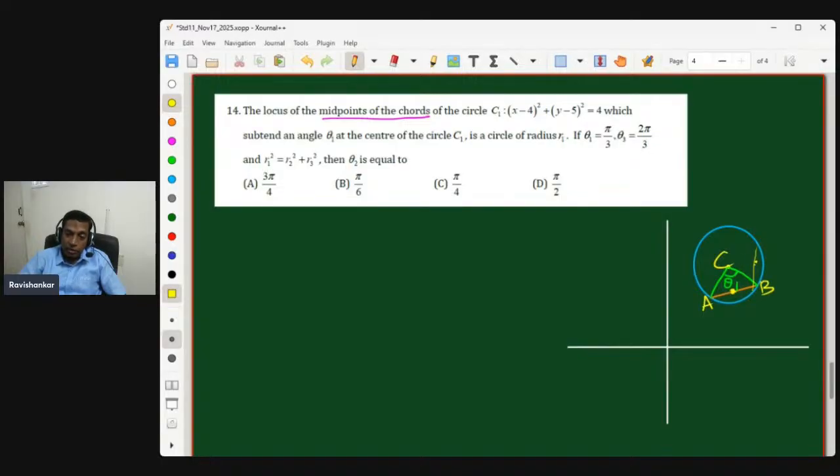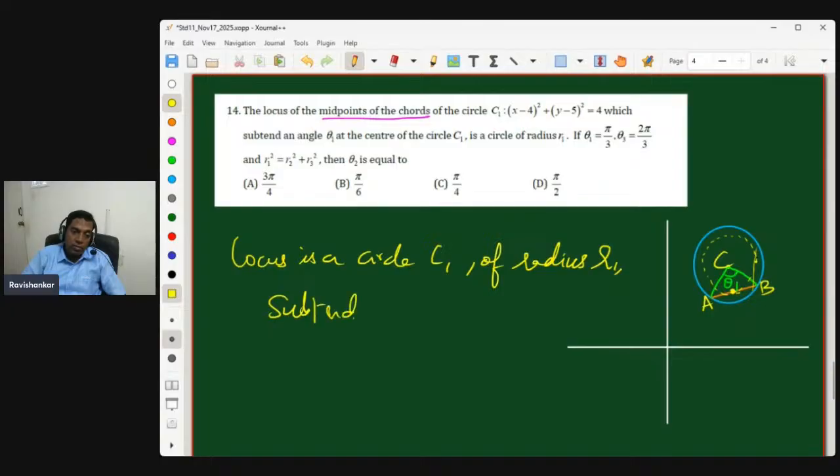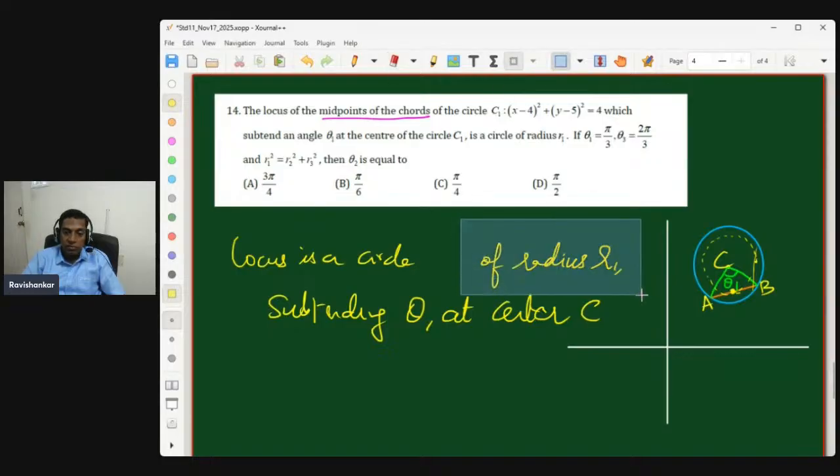So if you collect all the midpoints, the locus of the midpoints of the chords is a circle of radius R1, for chords subtending theta 1 at the center of the circle.